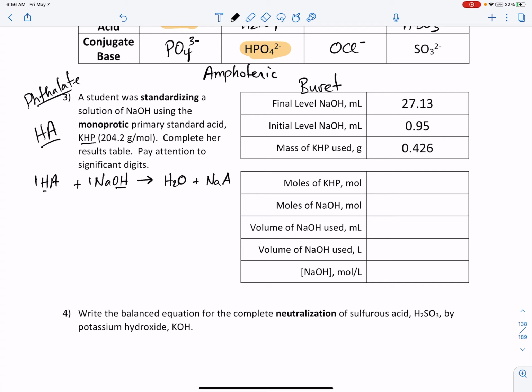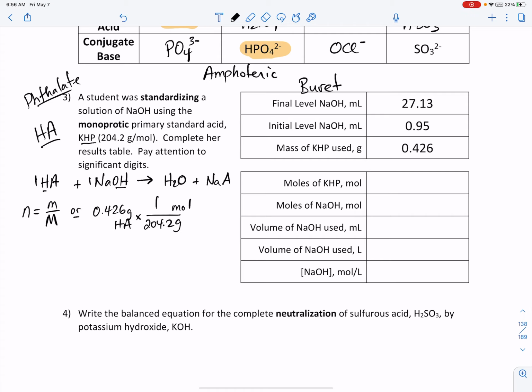So the first thing we want is the moles of acid used. If you know what you're doing, pause the video and see if you can calculate how many moles of KHP the student used. To find moles, we'll just take the mass and divide by the molar mass if you want to use a formula. Or we can use a unit multiplier. We can take 0.426 grams of the acid, and convert the grams to moles using the molar mass, 204.2.